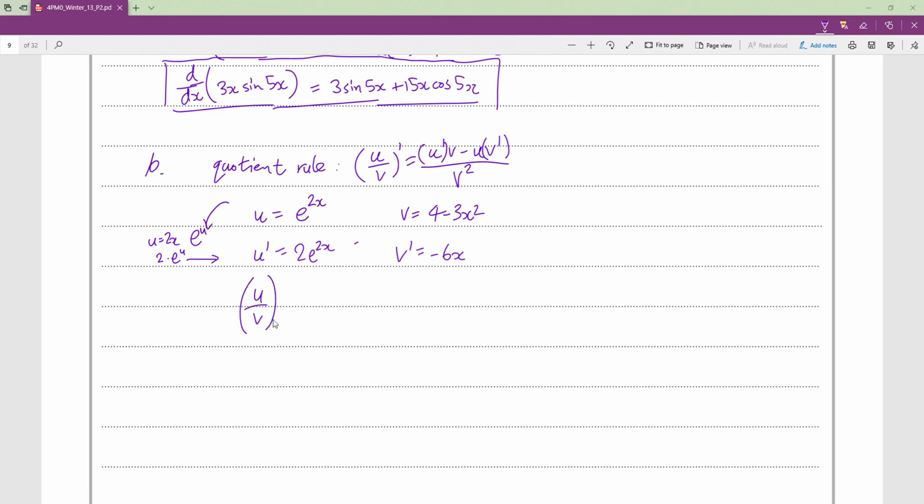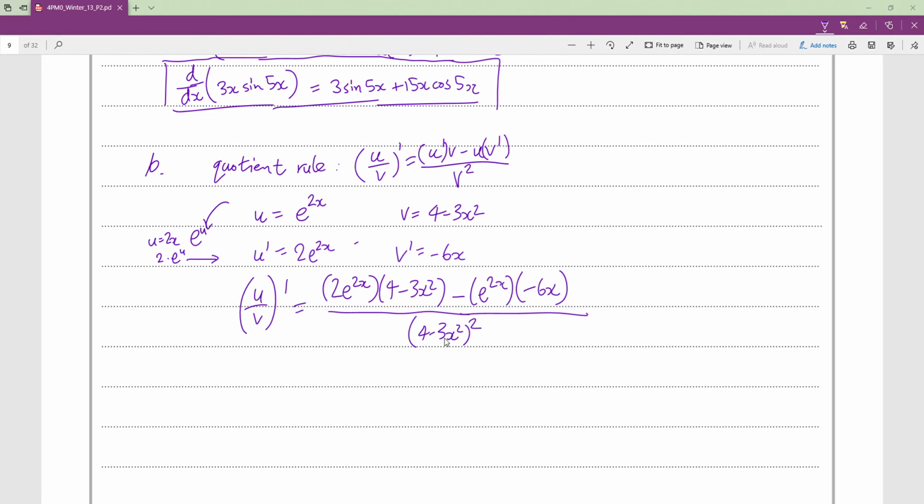(u over v)' is equal to u prime v, so 2e to the 2x times 4 minus 3x squared, minus uv prime, which is e to the 2x times minus 6x, divided by v squared, which would be 4 minus 3x squared, squared.